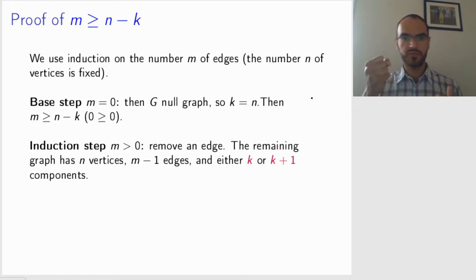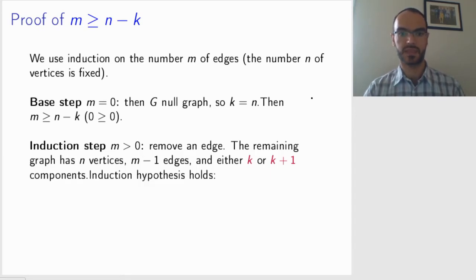If the edge you removed did not disconnect the graph, then you will still have k components. The edge you removed might have split one component up into 2 components. So the graph now, instead of k components, has k plus 1 components. So these are the 2 possible cases. Let's look at each of them.